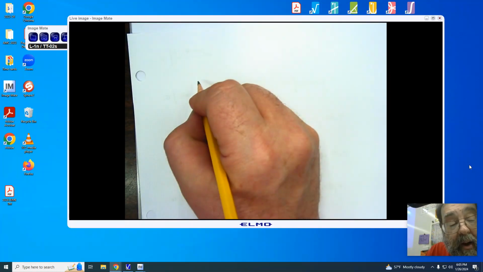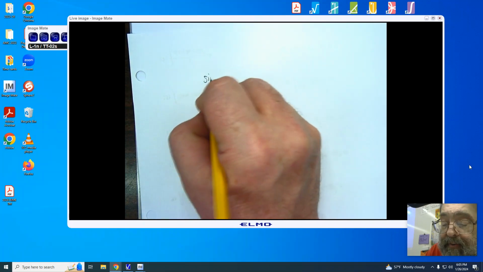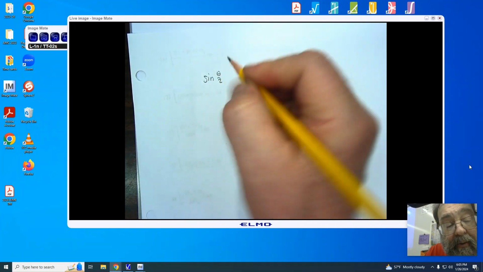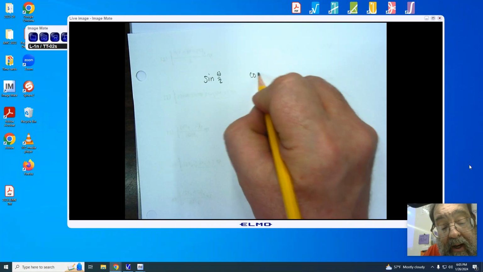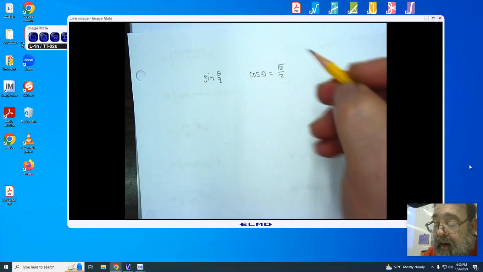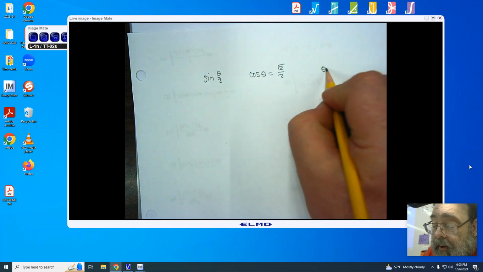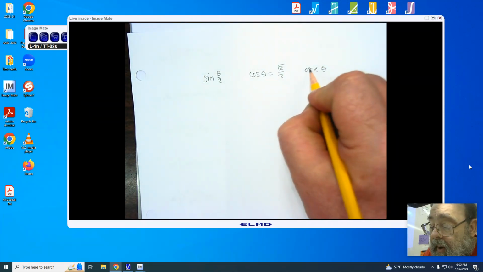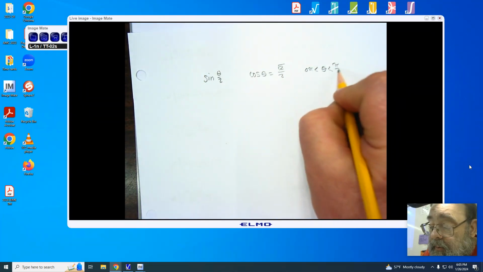As I continue, I'm now going to take a look at number 4. Number 4 says also to find the sine of theta divided by 2. I am given that the cosine of theta is root 2 over 2, and I'm told that theta is in quadrant 1, between 0 and pi over 2.